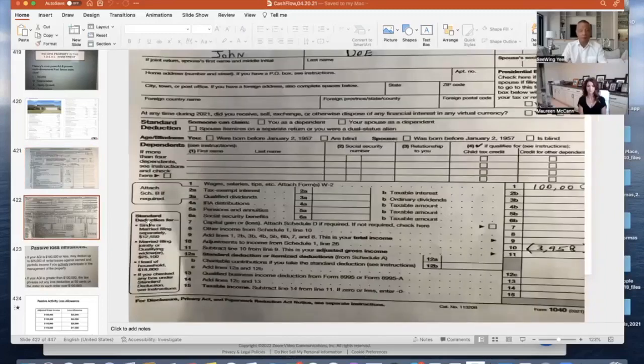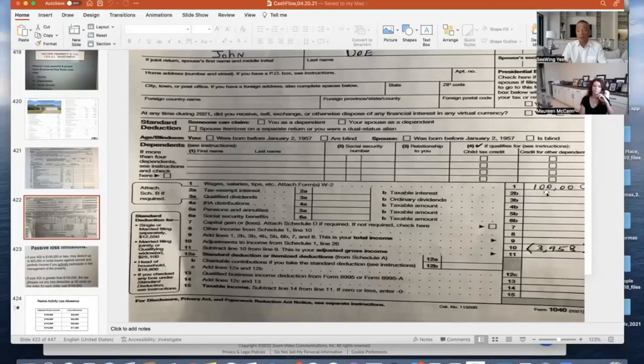So let me further go into your first page of your federal 1040. Let's say, whether you're single or married filing jointly, you make W-2 wage income of 100,000. So this passive loss of 3,958 for that year is a total write-off against your AGI, adjusted gross income.